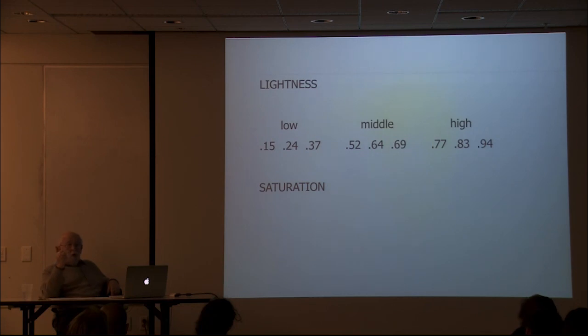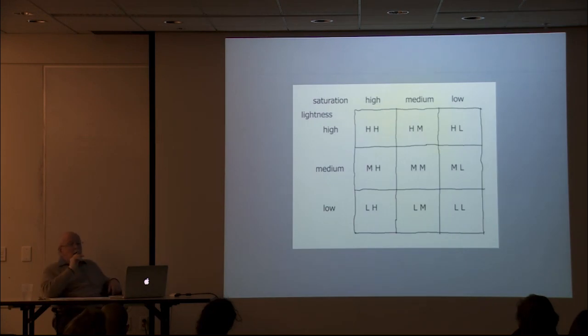Now, in each individual case, of course, it has to pick a hue and a lightness and a saturation. And what's happening here is you'll see that each of those two-letter mnemonics there represent the lightness and then the saturation. So in the top left-hand corner, you have a color in which both the lightness and the saturation are taken from the high range.